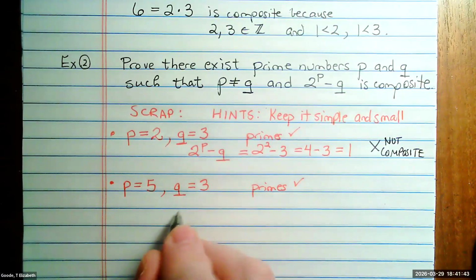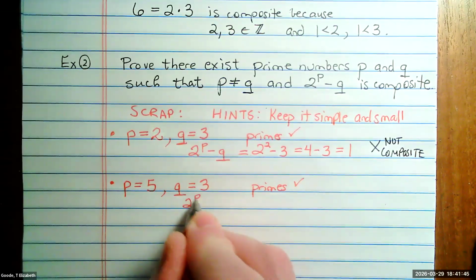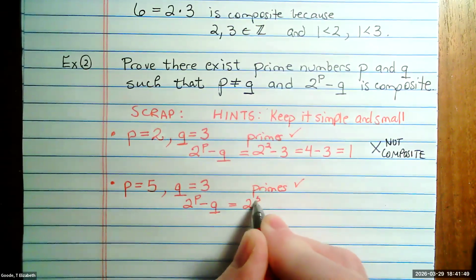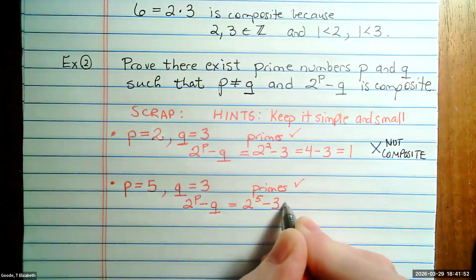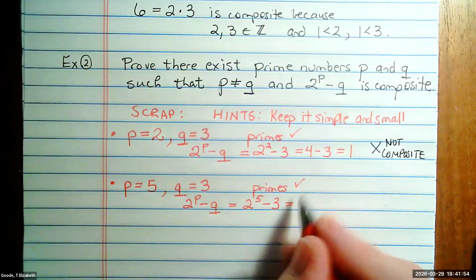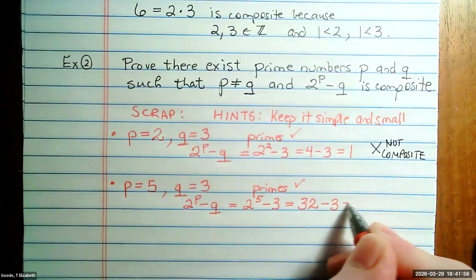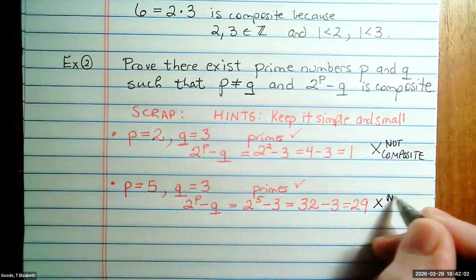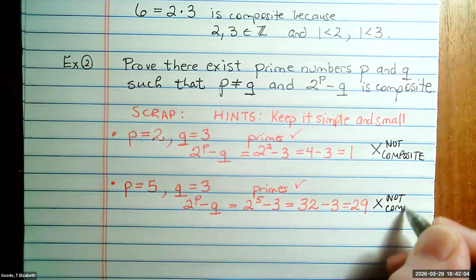Do you agree? Yes. I'm just trying to keep them small, keep it simple. Okay, so 2 to the P minus Q. Well, 2 to the 5th minus 3. What is 2 to the 5th? 32. Minus 3. That's 29. But 29 is prime. So that's not going to work.